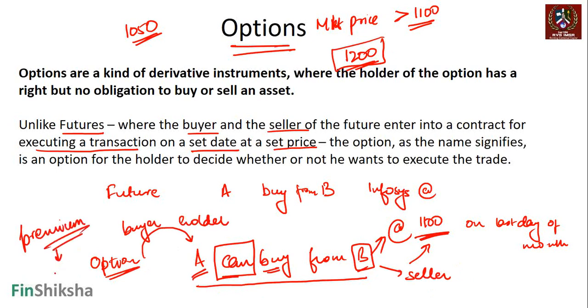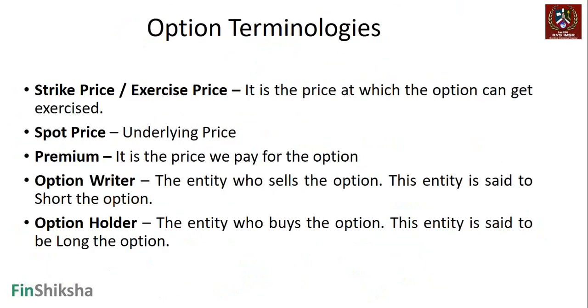That premium could be, let's say, 10 rupees. So in this case, B can only make 10 rupees. A can only lose 10 rupees. After this, A will only win, right? And that will happen if the stock goes above 1100. If the stock goes below 1100, then A will forego the 10 rupees and do nothing after this, right?